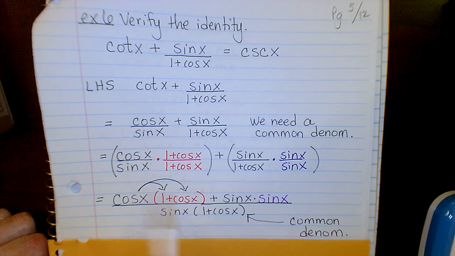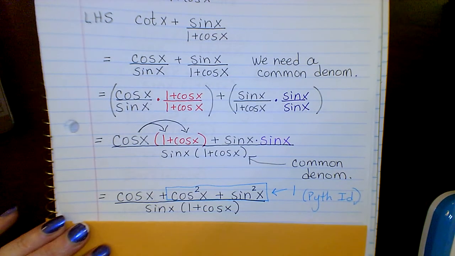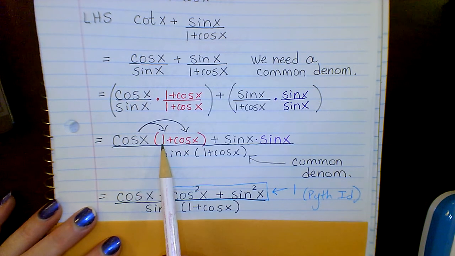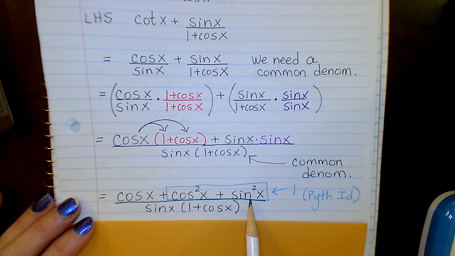I am going to have to distribute that cosine, and of course those two are going to multiply out to be sine squared. So I end up with cosine x times 1 plus cosine squared x plus sine squared x.